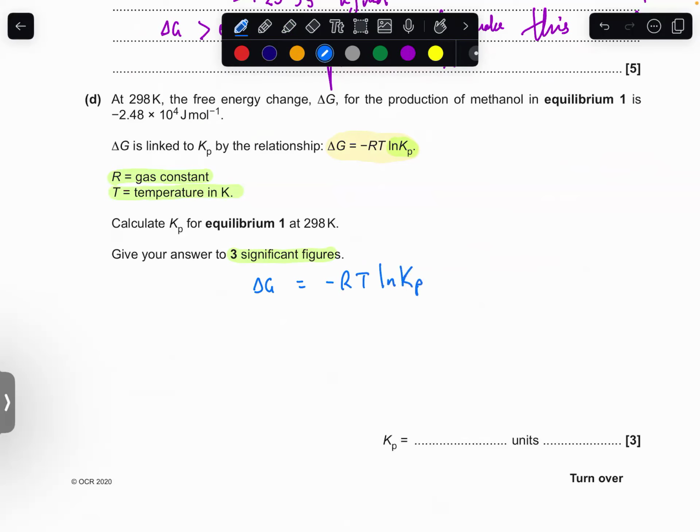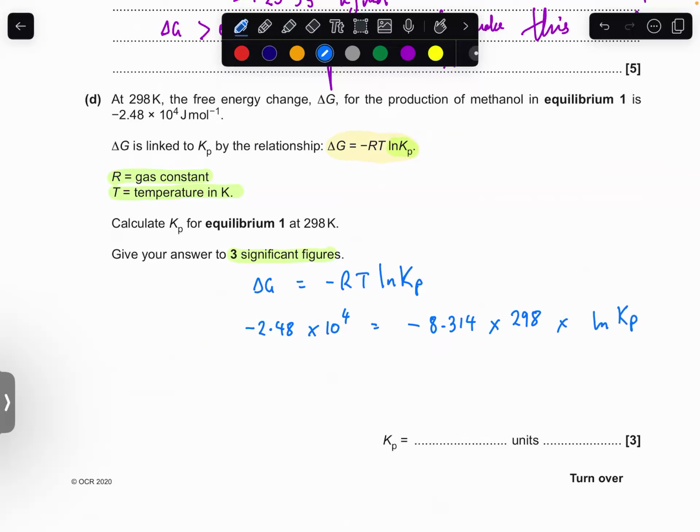So it's going to be minus 2.48 times 10 to the 4 equals minus RT. So this is minus 8.314 times the temperature 298 multiplied by the natural log of Kp.